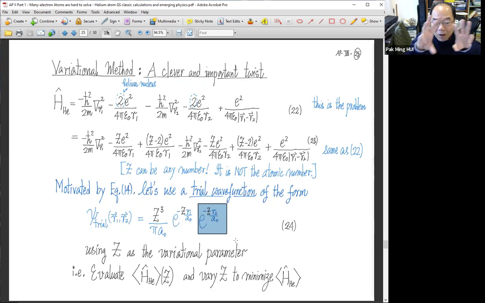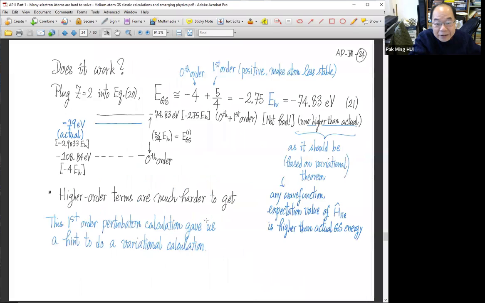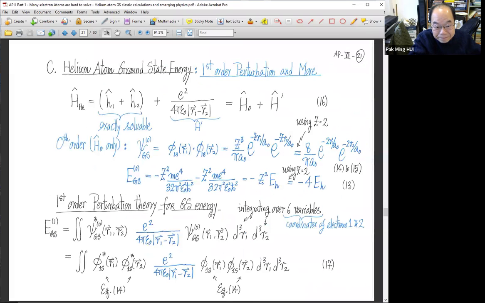So we form the product. So we are motivated by this form. Okay, without regarding the Z being equal to 2. I use this as my trial wave function and using Z as the variational parameter.